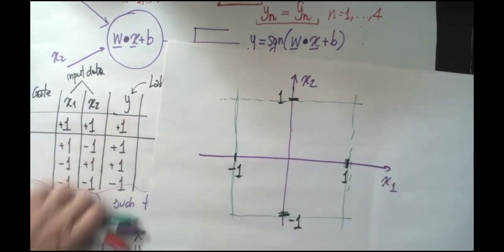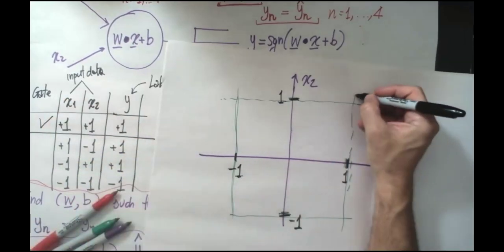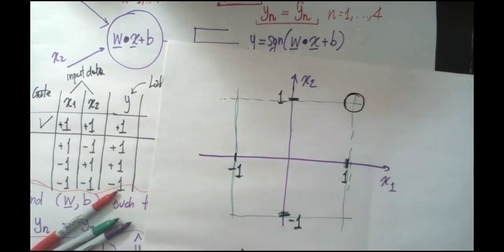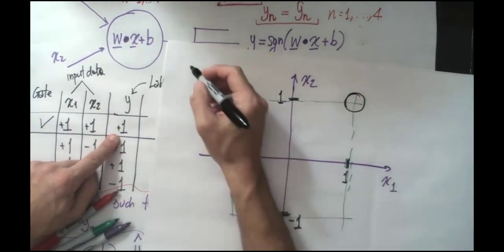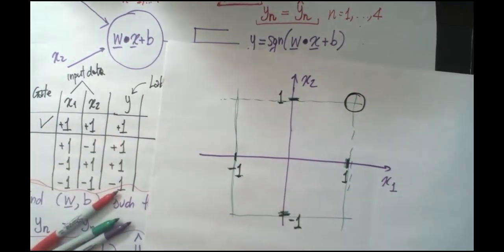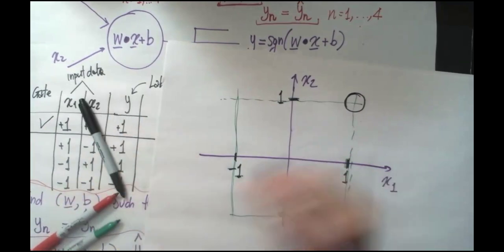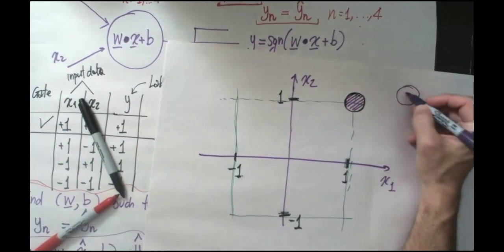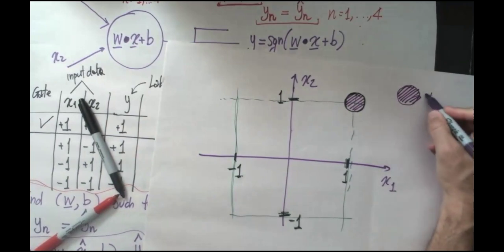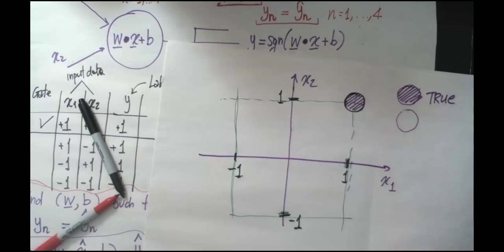And so the first input data is 1 and 1, which is basically this circle here, and corresponds to a +1 label, which means true. And so we are going to color them with these colors here. So these basically correspond to true results. Instead, the empty circle will be a false outcome.